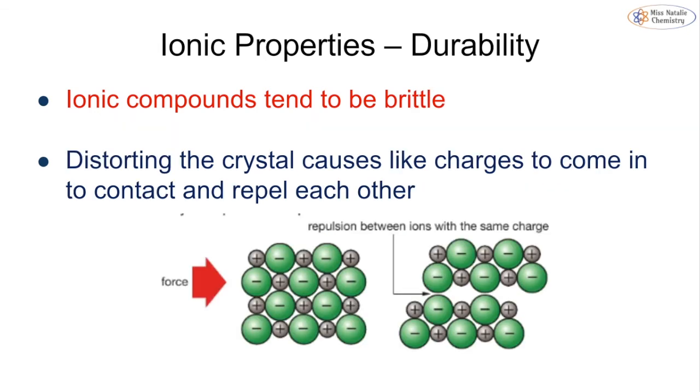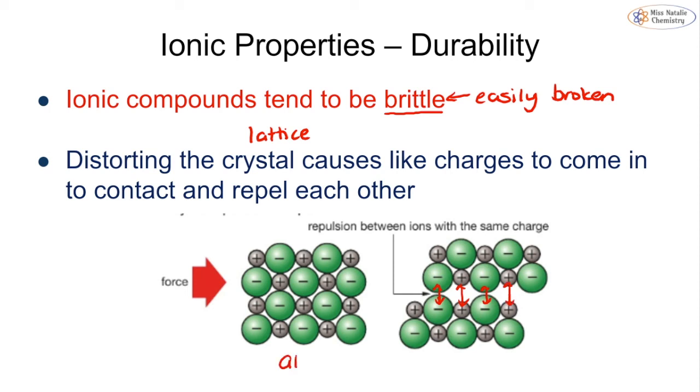You also need to know a little bit about durability, where our ionic compounds tend to be brittle. Another word for brittle is just being easily broken. And why is that the case? Well, again, it's due to this lattice structure. When you have this lattice, if you apply a force to your structure and that causes part of your lattice to shift, what then happens is you get two negative charges lining up, two positive charges lining up, and so on and so on.